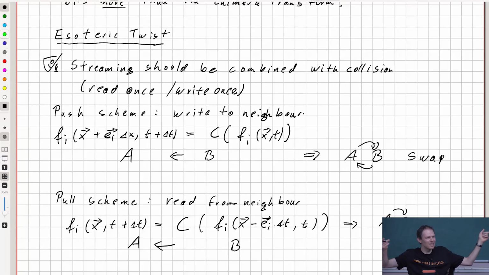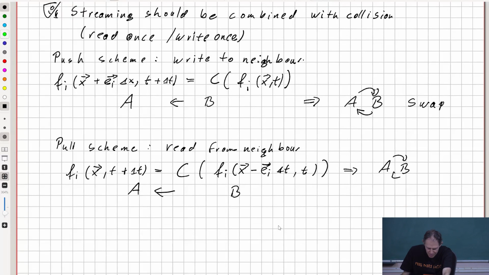So especially on GPUs, pulling is better than pushing, but it depends on your hardware. If you don't know, then pull is often faster than push.